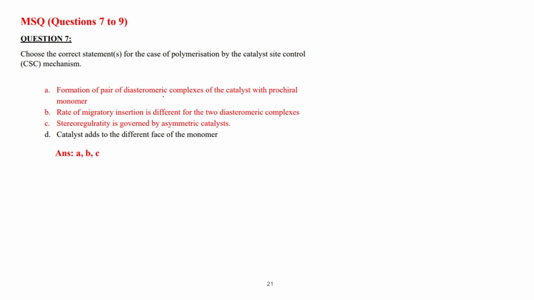Formation of diastereomeric complexes of the catalyst with the prochiral monomer, and the rate of migratory insertion is different for the two diastereomeric complexes, obviously. Stereoregularity is governed by that catalyst, only the asymmetric catalyst.